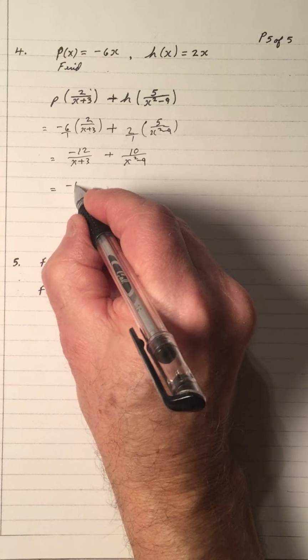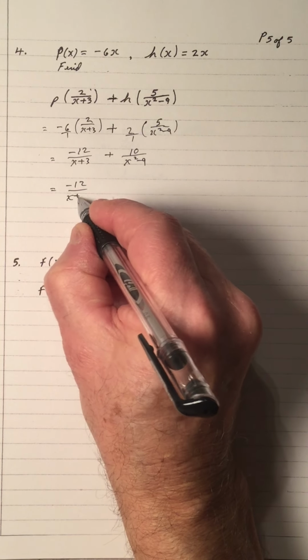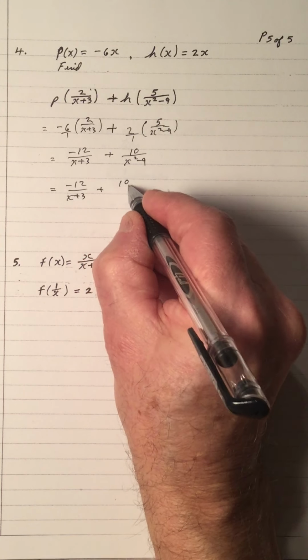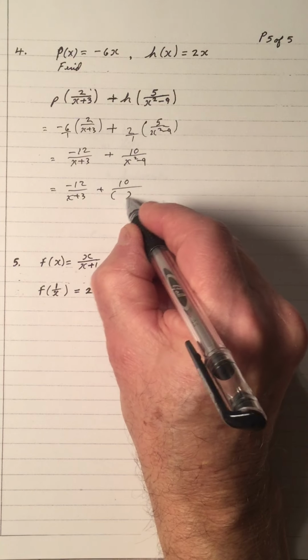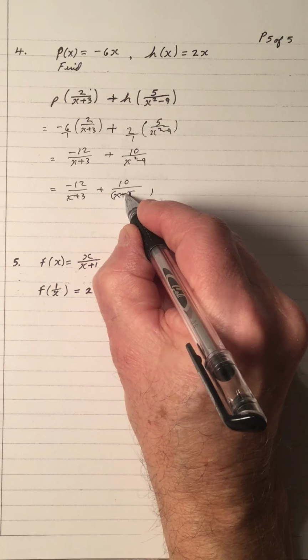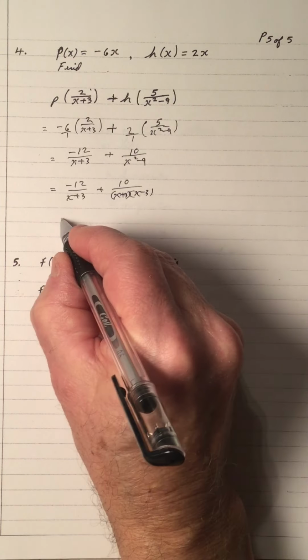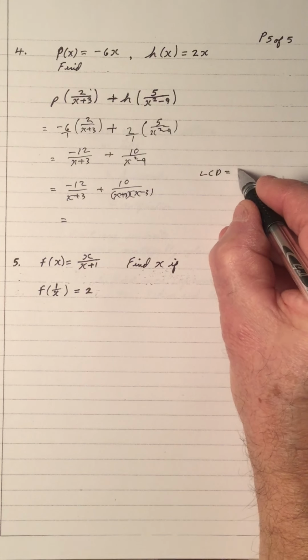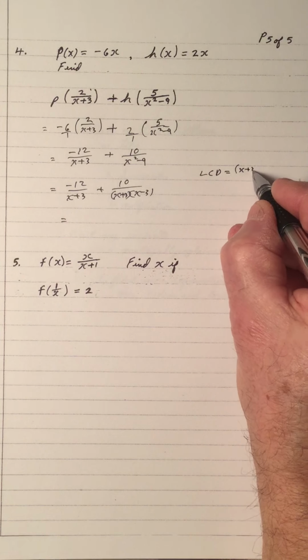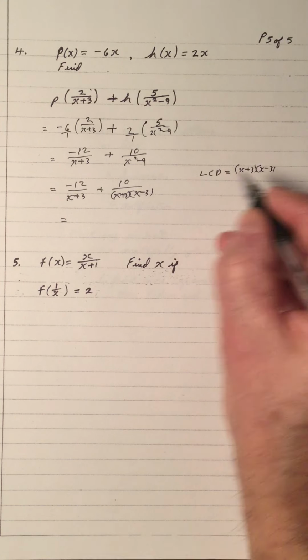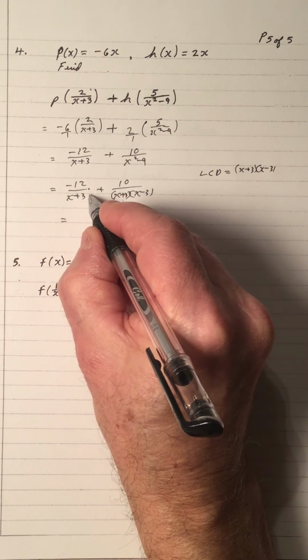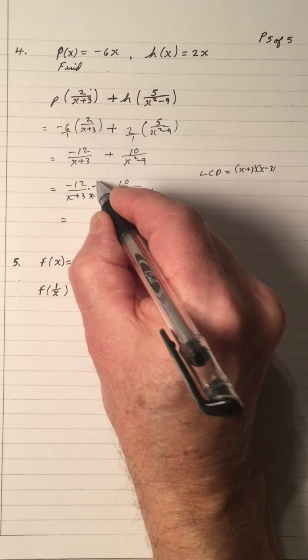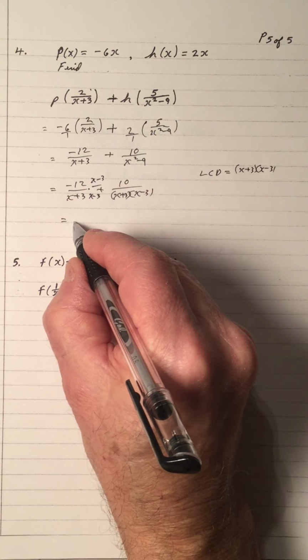And so we factor our denominators to make sure we can find our LCD. So x squared minus 9 is x plus 3, x minus 3. So the LCD of this fraction is x plus 3, x minus 3. So that means I multiply this fraction by x minus 3, top and bottom. Why?